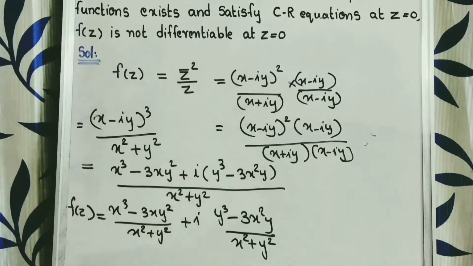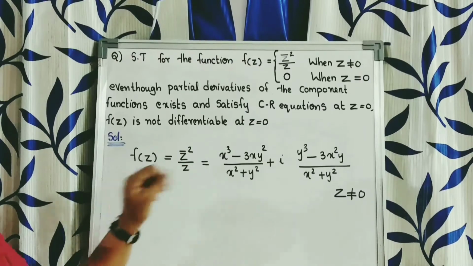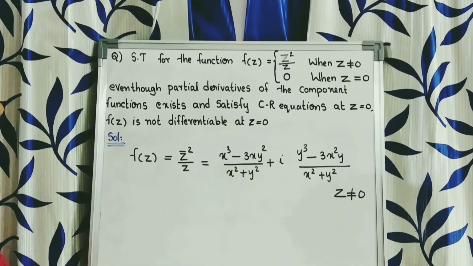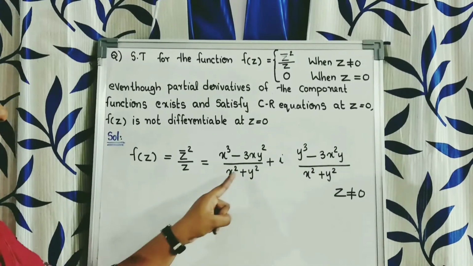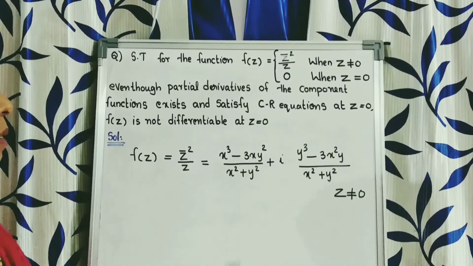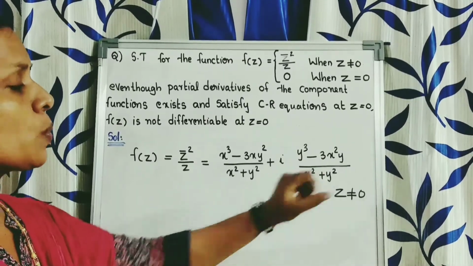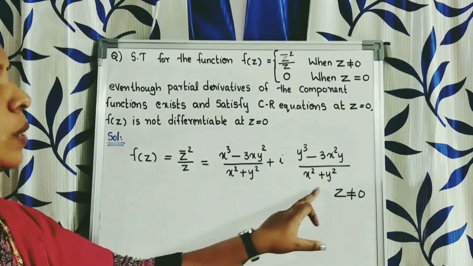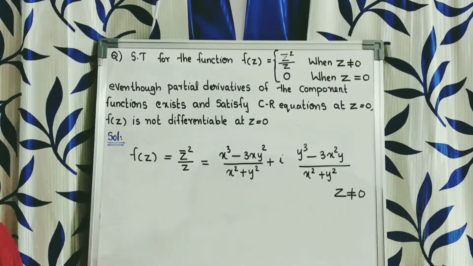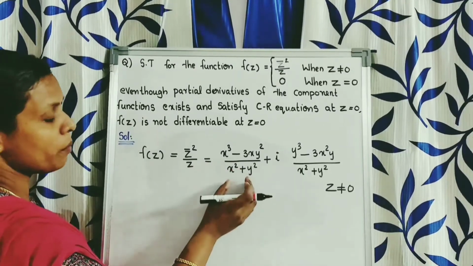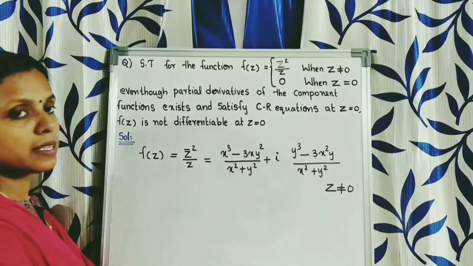Now we get f of z equal to z conjugate square divided by z, equal to (x cube minus 3xy square) divided by (x square plus y square) plus i into (y cube minus 3x square y) divided by (x square plus y square), where z is not equal to 0. From this we can write u of x,y equal to this and v of x,y equal to this.